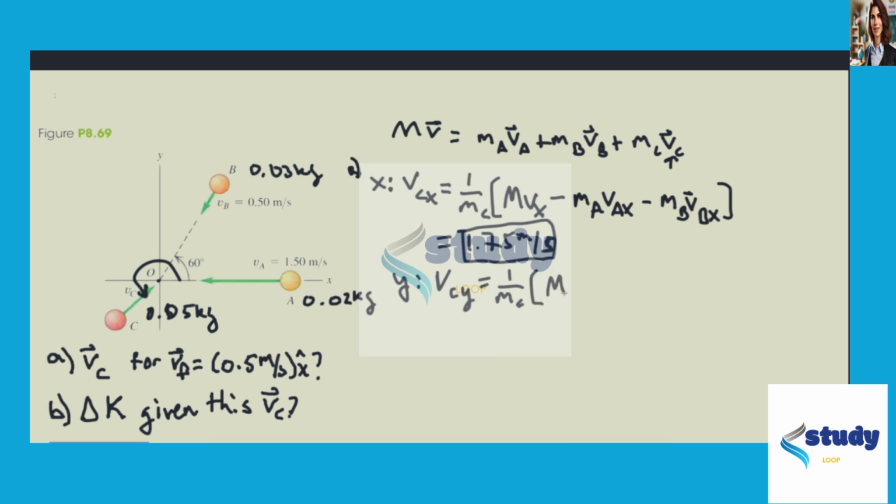So now big M Vy minus MA VAy. Now, A is not moving at all in the y direction.